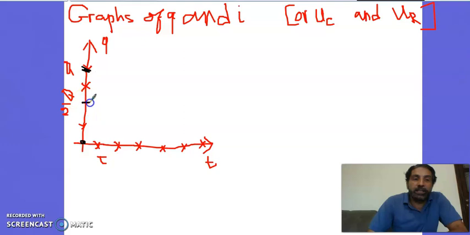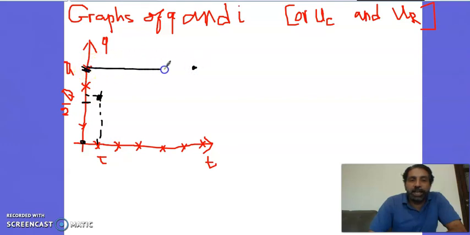So this is 75%, and this is 63 exactly. So the curve passes through this point. Clear? At t equal to 5 tau, it reaches almost 100% of Q. In fact, it's 99%.